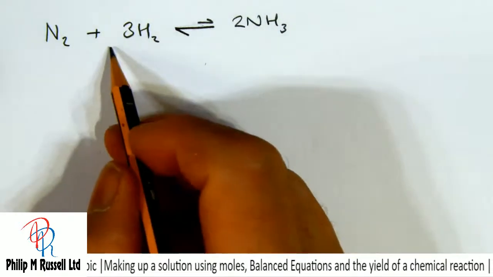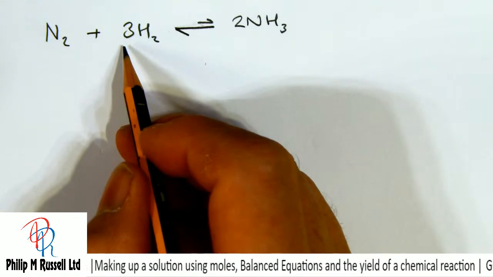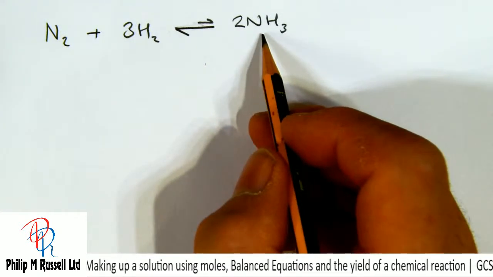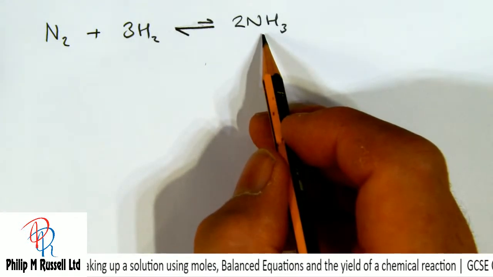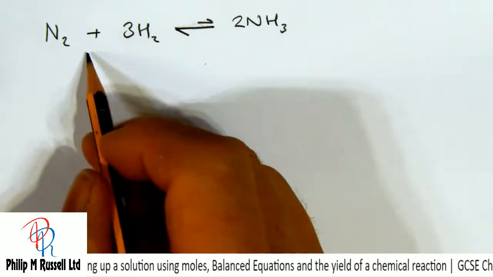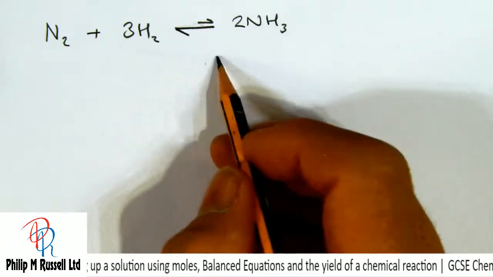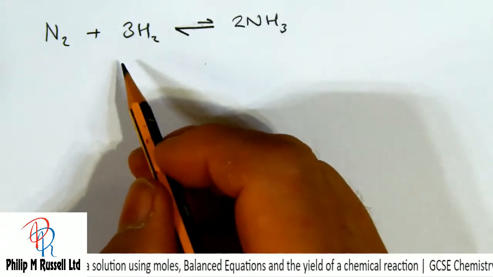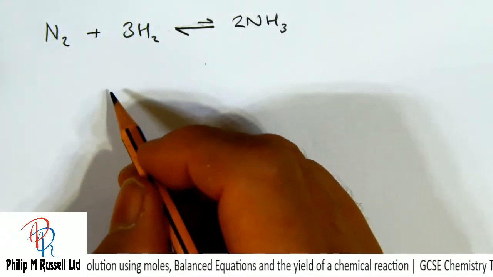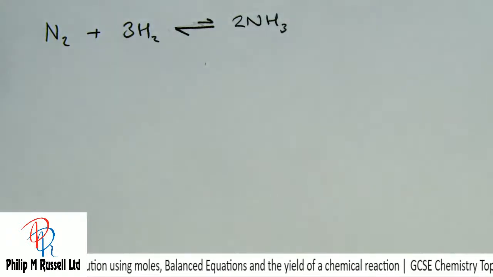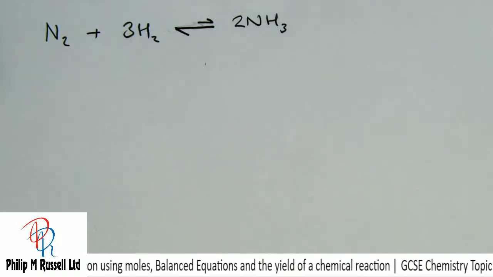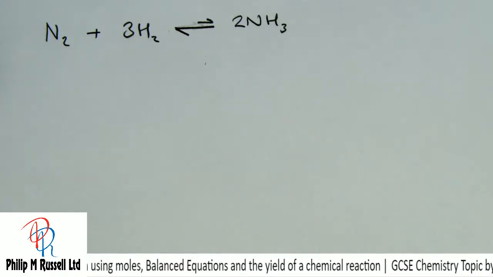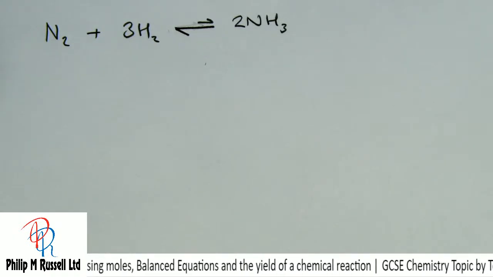So if I start off with this stuff and try and make that, basically I'm still making more of this. And sometimes these equations here try and ruin what we're trying to do with working out atom economy.